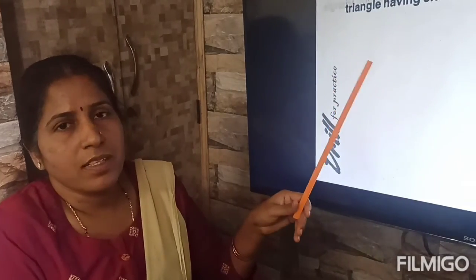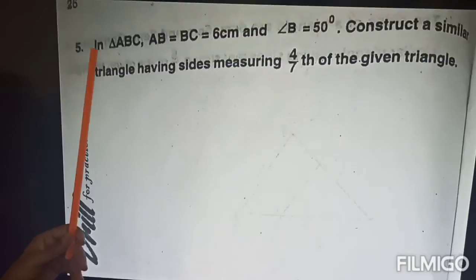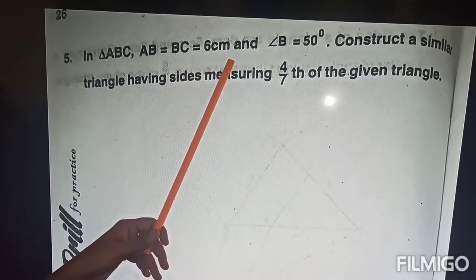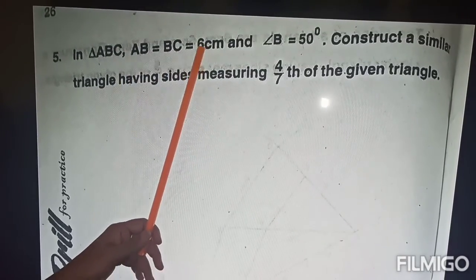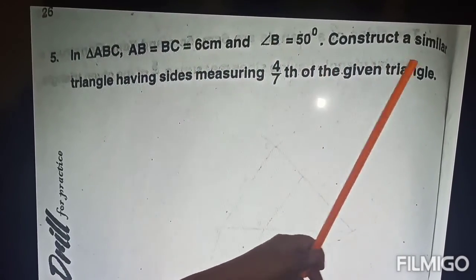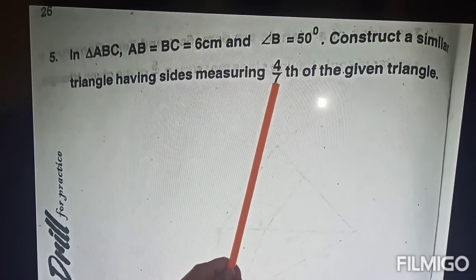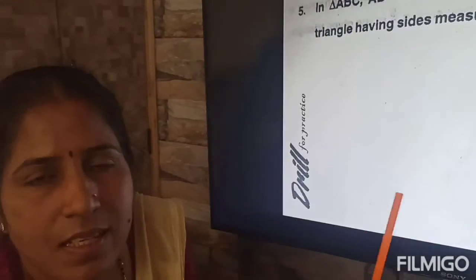I am giving the questions, construct yourself. See the question. In a triangle ABC, AB is equal to BC is equal to 6 centimeter. The given triangle is an isosceles triangle. AB and BC are equal to 6 centimeter and angle B is equal to 50 degree. Construct a similar triangle having sides measuring 4 by 7 of the given triangle. Okay, do it yourself.